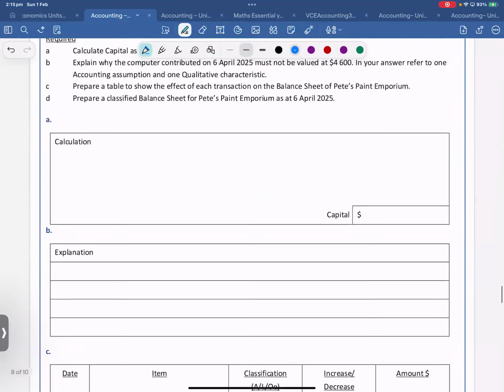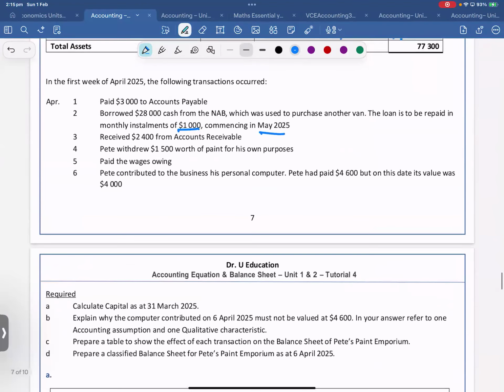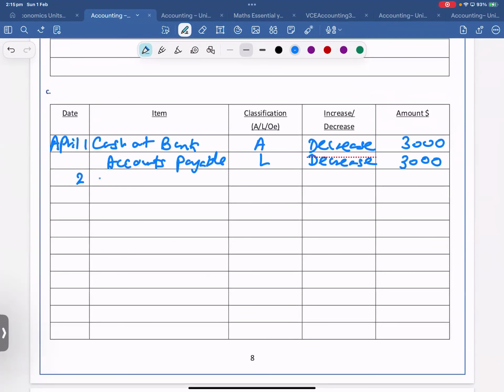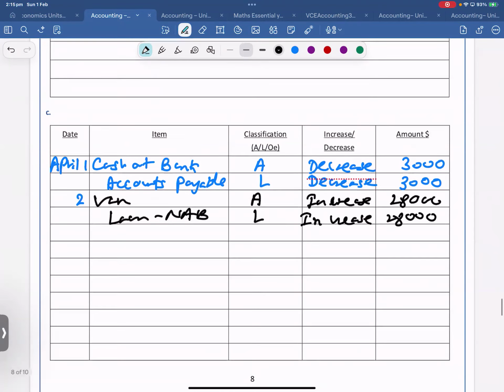Okay. Next one. Borrow 28,000. So then we are going to say April 2nd. Cash, an asset, increases 28,000. And then the other one is loan, NAB, a liability that also increased by 28,000. Okay.